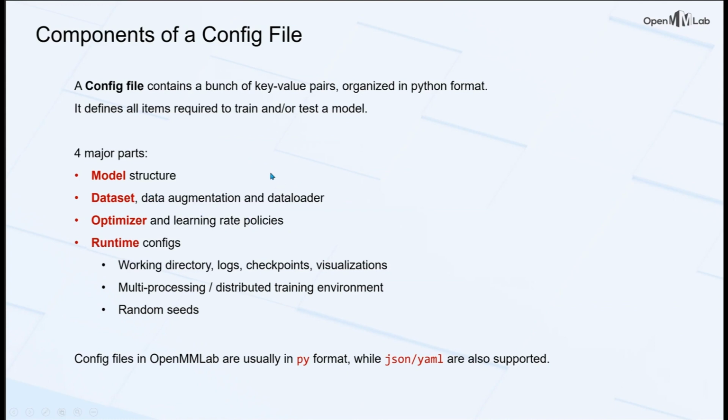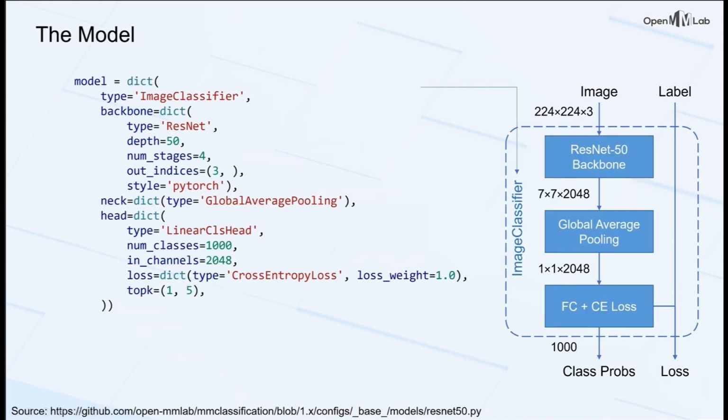The first one is the model part. It defines the structure of the model. This example is taken from classification, and it defines an image classifier based on the ResNet 50 structure. As we can see here, the model key corresponds to a big nested Python dictionary, and it contains a subkey named type, which specifies the model as the image classifier.